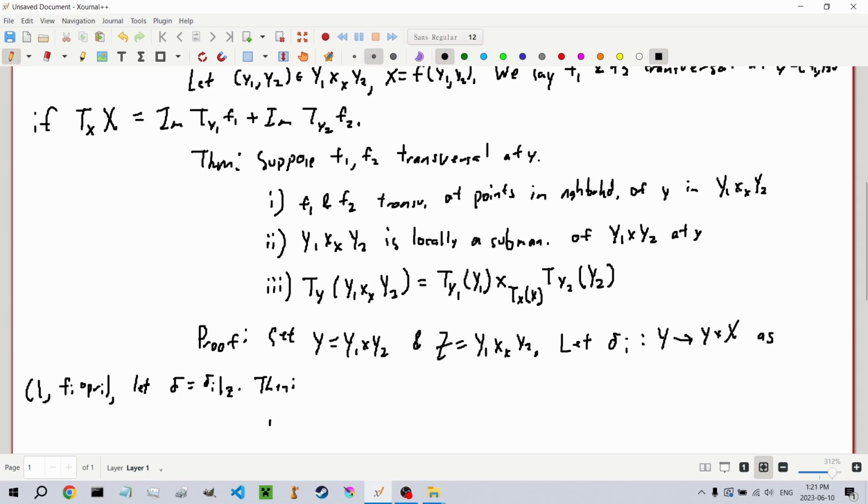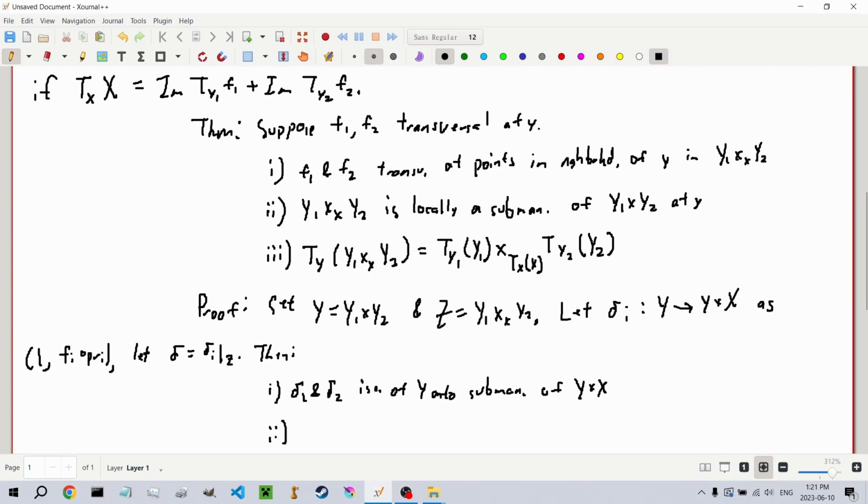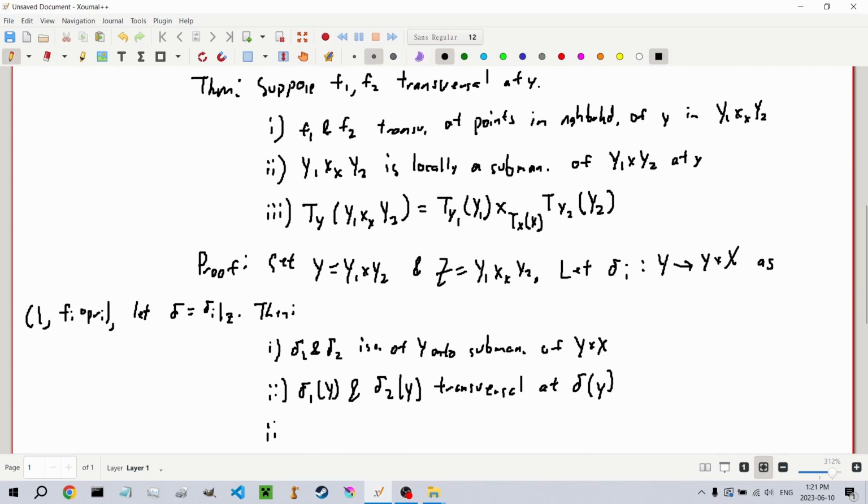Then, first off, delta 1 and delta 2 are isomorphisms of Y onto submanifolds of Y times X. Secondly, delta 1 of Y and delta 2 of Y are transversal at delta of Z. Third is delta of Z being the intersection of delta 1 of Y and delta 2 of Y. And that's just all the building blocks.